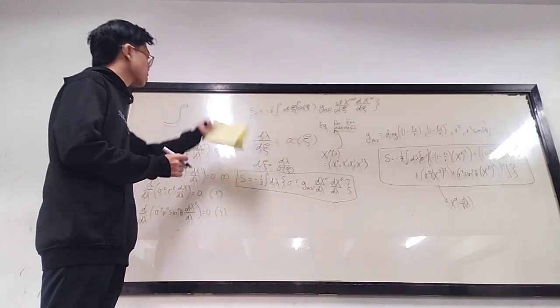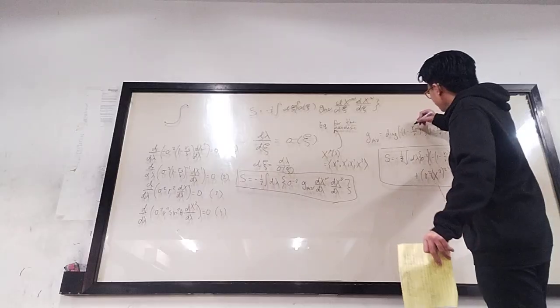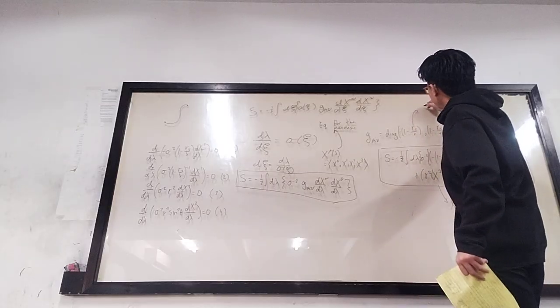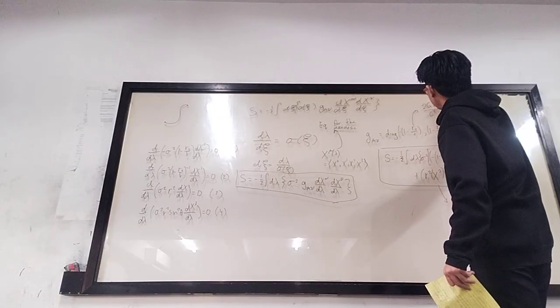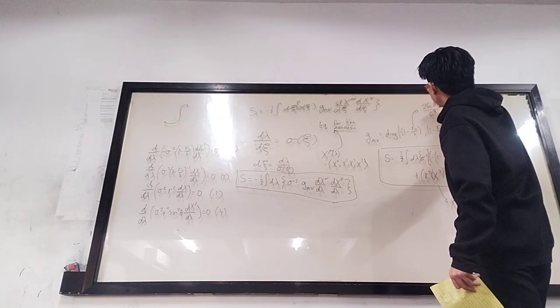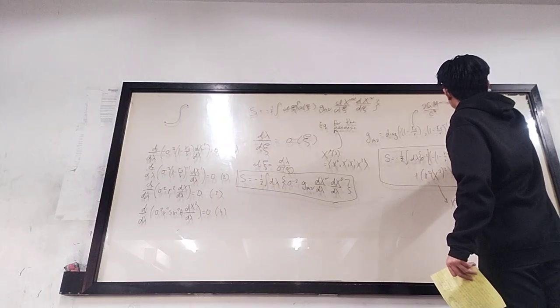So that's really it for this lecture. If you want to go further, you can complete the rs over here for Sir Catboy: 2GM over c squared, where M is the mass of Catboy.